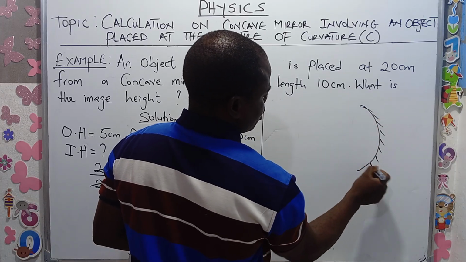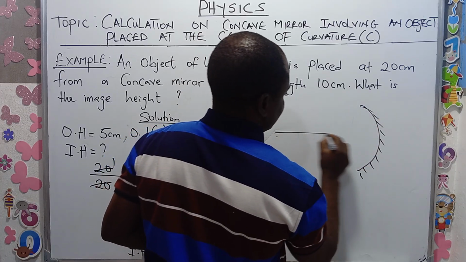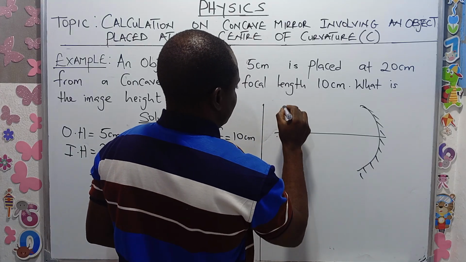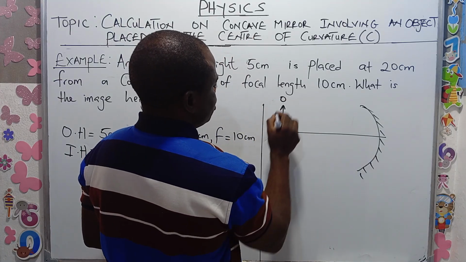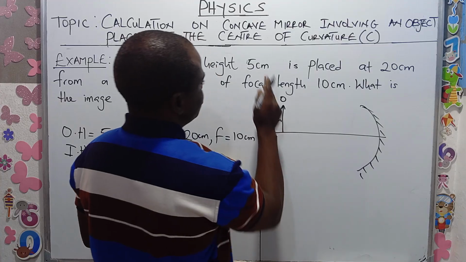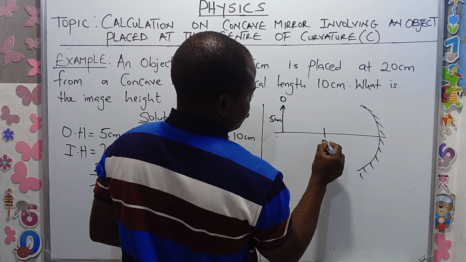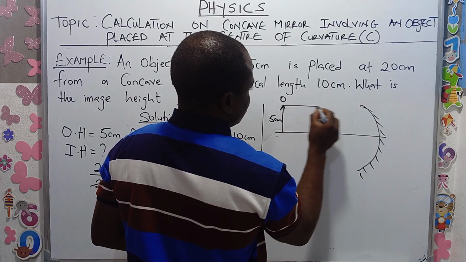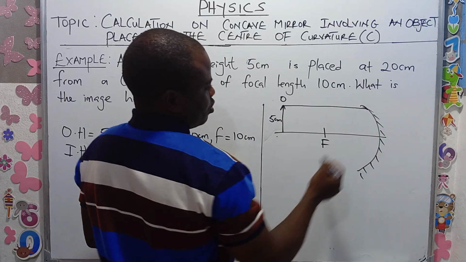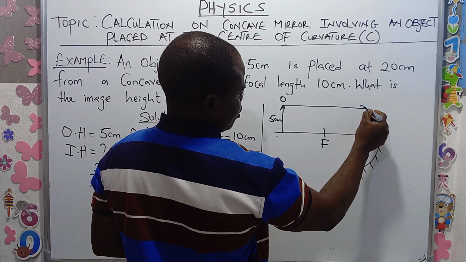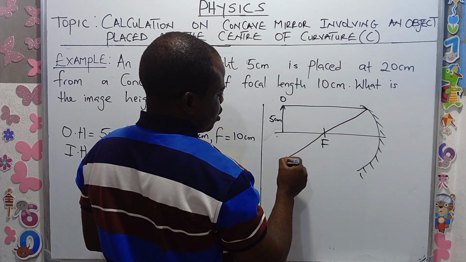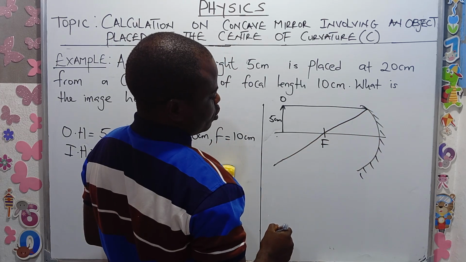This is the mirror, concave mirror. The object height is 5 centimeter from the question. This is the principal focus. When it hits the concave mirror, it passes through the principal focus.